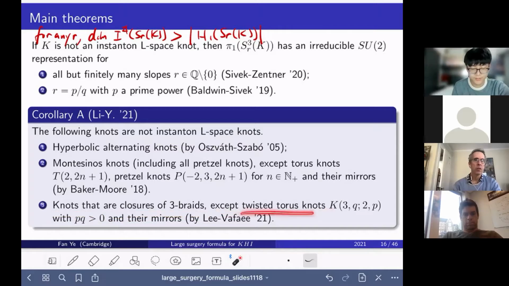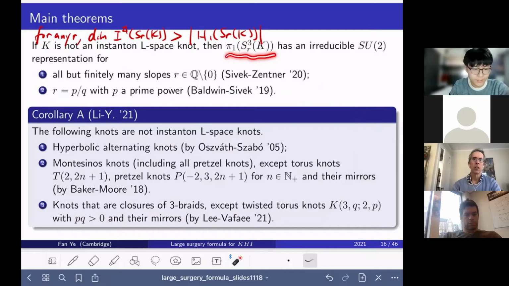Well, these are twisted torus knots. So we can use this fact to show that for a knot here and a surgery slope satisfying this condition, the fundamental group must have an irreducible SU(2) representation.